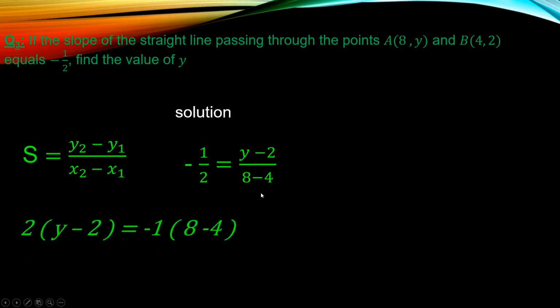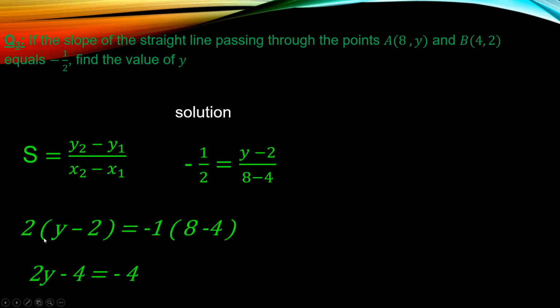Let's make cross multiplication. So 2 times (y minus 2) equals -1 times (8 minus 4). Here I will multiply 2 times y and 2 times -2. And on this side I will do -1 times 4, because 8 minus 4 equals 4.